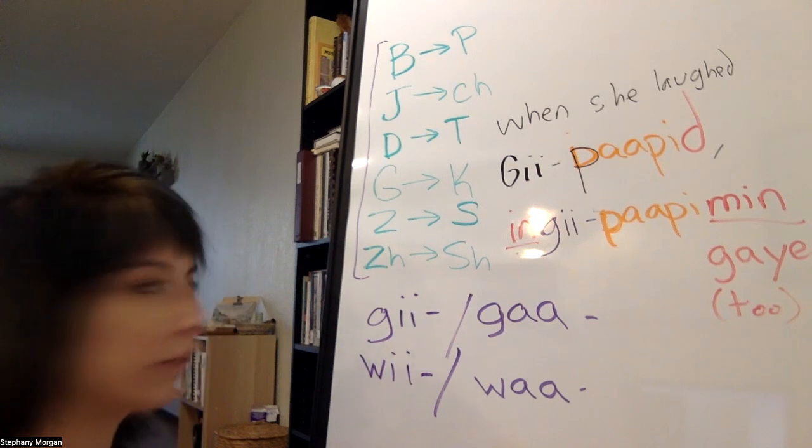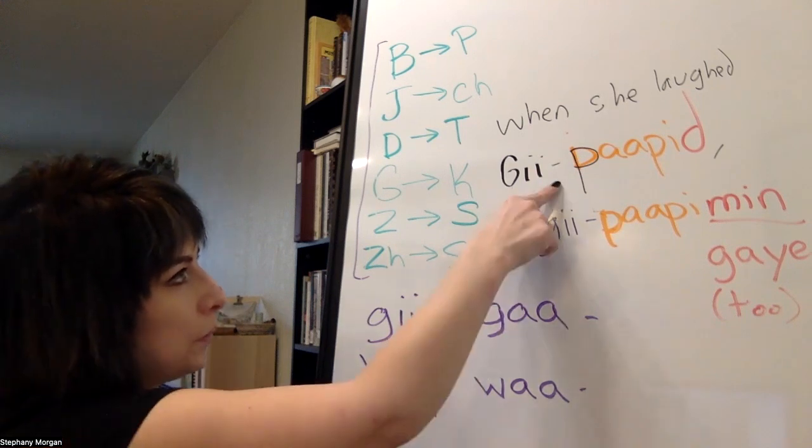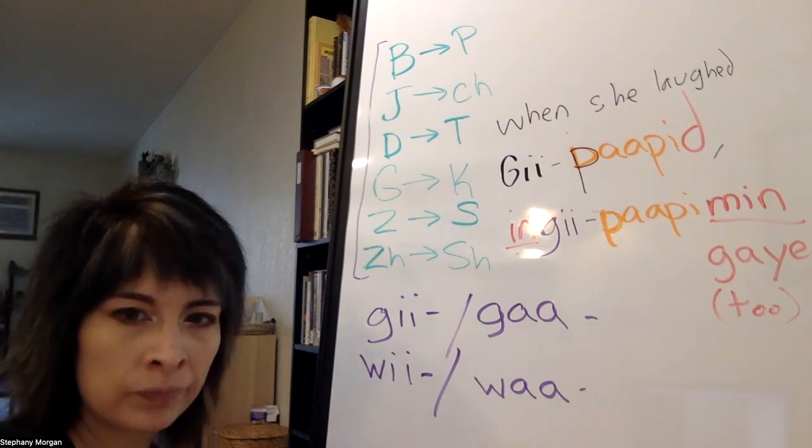And so you see that this occurs in both B form and in A form.